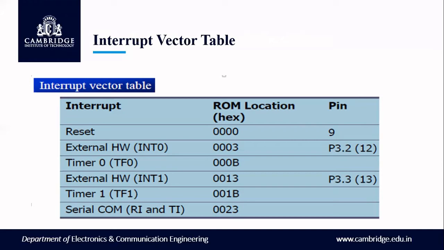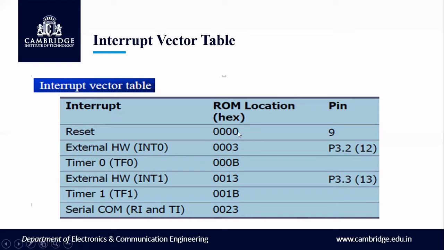So carefully observe this particular table. Upon reset, it is going to come to this starting address. After this address, we have another 2 bytes. Whenever you are writing assembly code enabling the interrupts, we should not disturb the interrupt vector memory space. That is very important.